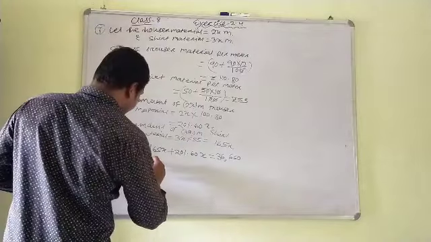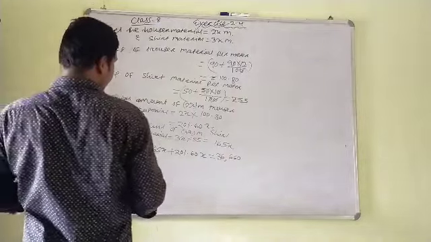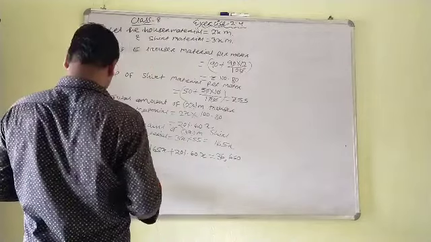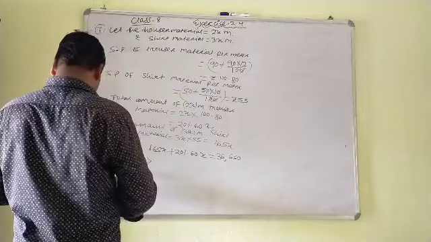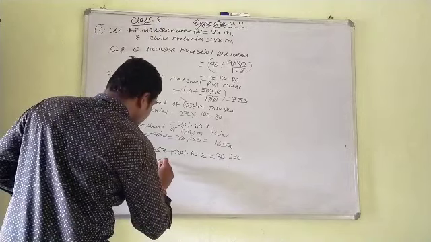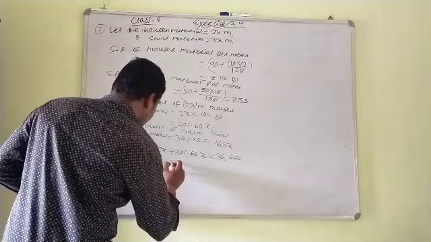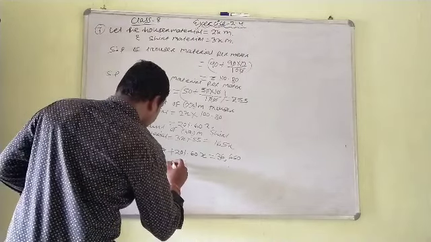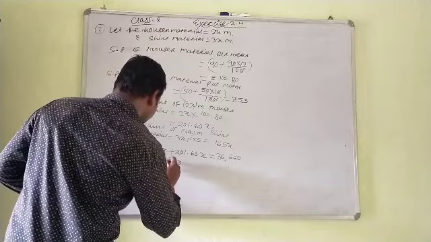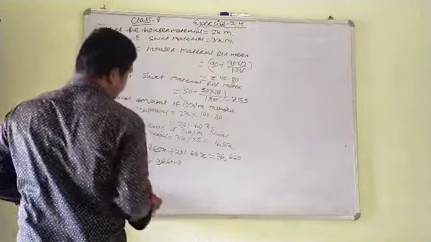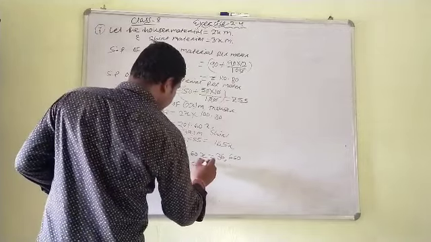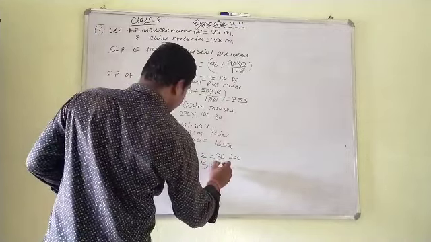So we'll add 165 plus 201.60, which is equal to 366.60x equal to 36,660.